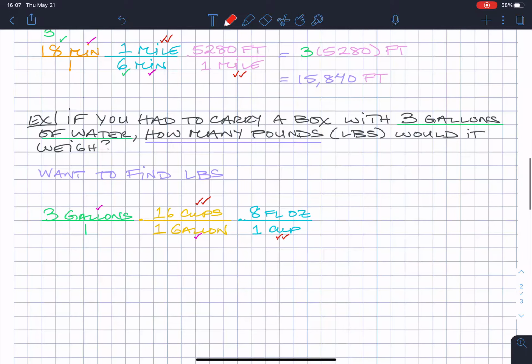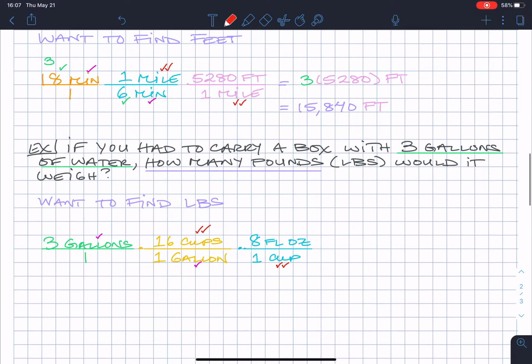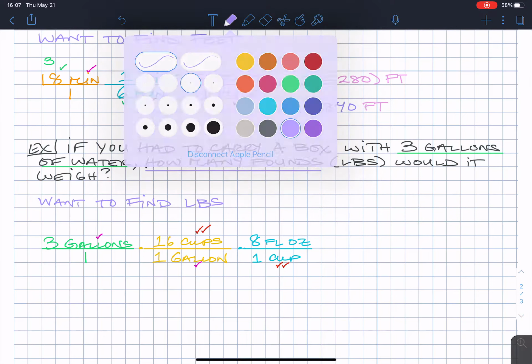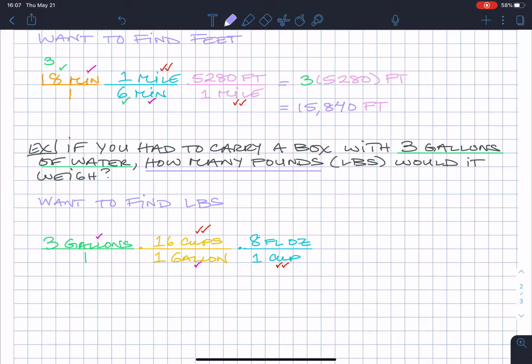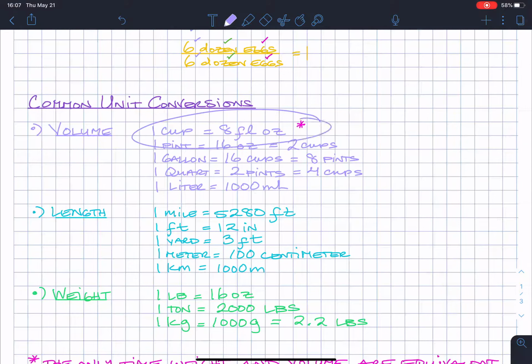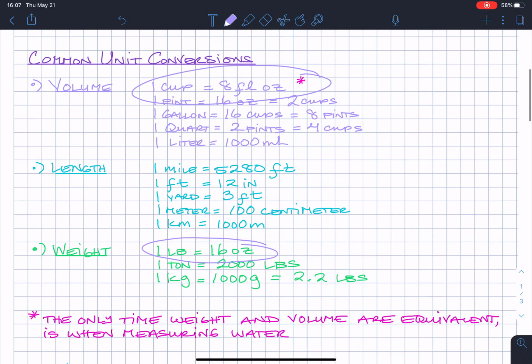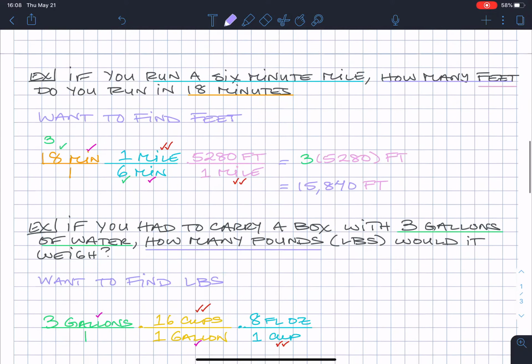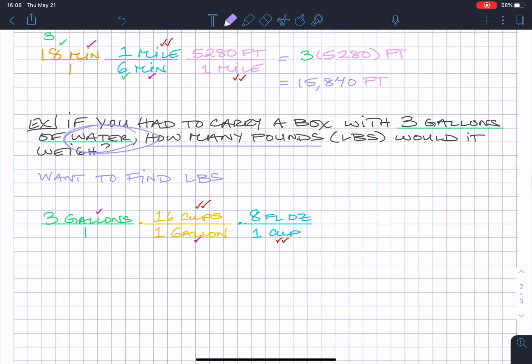I have ounces, but now I'm going to do something sneaky. I want to change from ounces to pounds. And even though I was up here, I'm going to use the fact that 1 pound is 16 ounces. And the only time weight and volume are equivalent is when we're measuring water. So that's the only reason I can change from volume to weight, because in this problem we're measuring water.